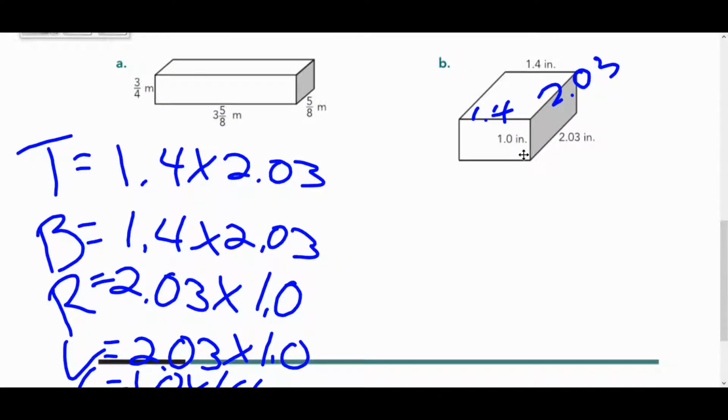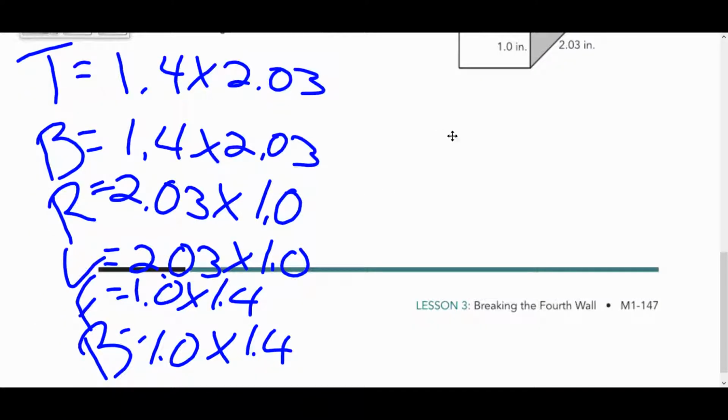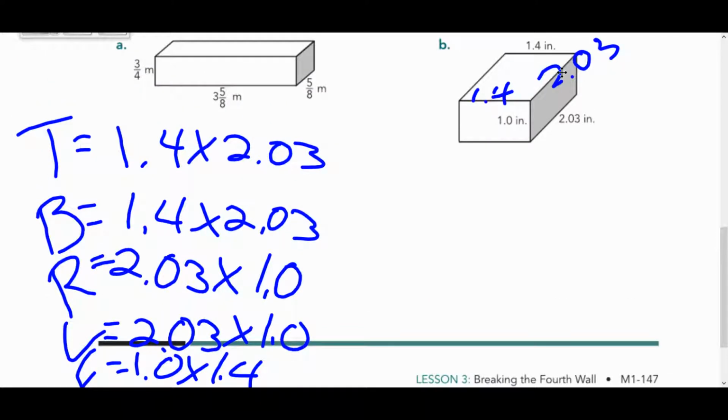So I look at my rectangle and I find the top. So I find the area of this right here, and then I know that it's going to be the same as the bottom. Because the top of a cereal box is the same size as the bottom, or tissue box, or whatever kind of box you got. So the top is the same as the bottom. The right side is the same as the left side. And then the front right here is the same as the back.